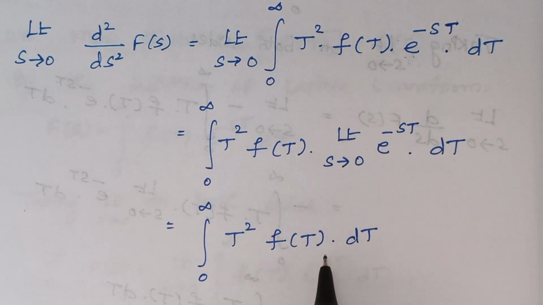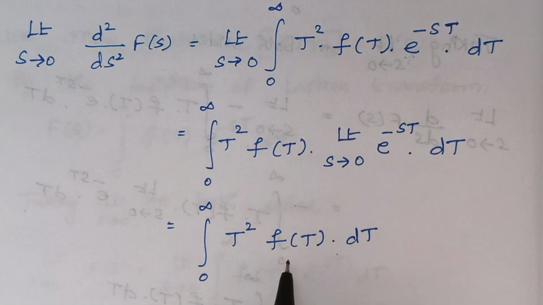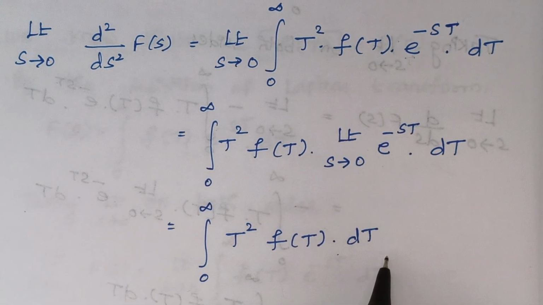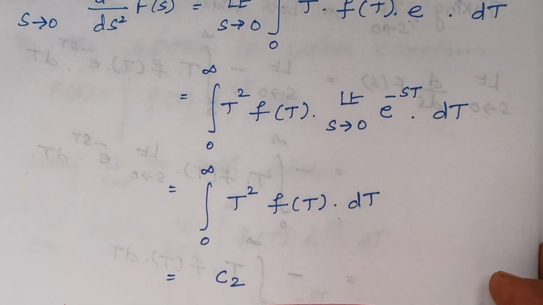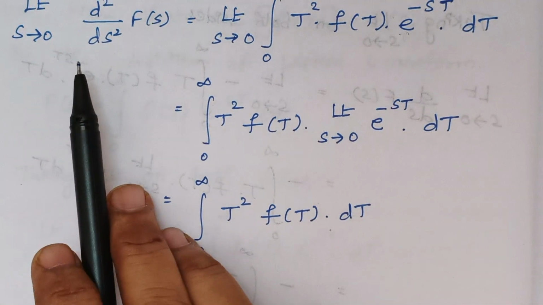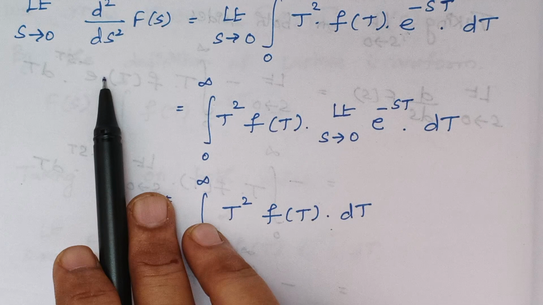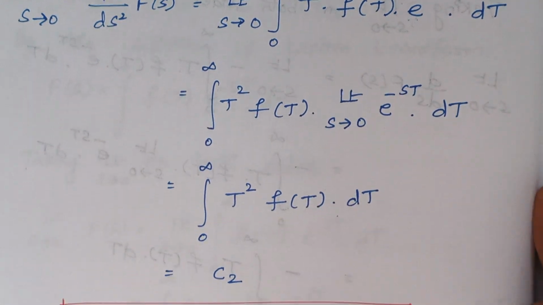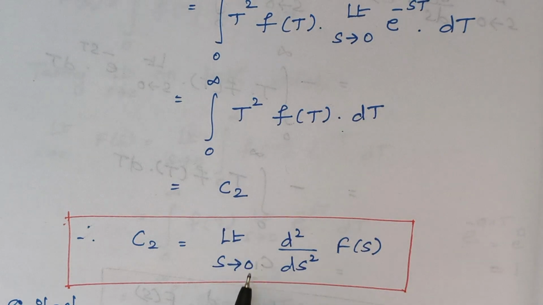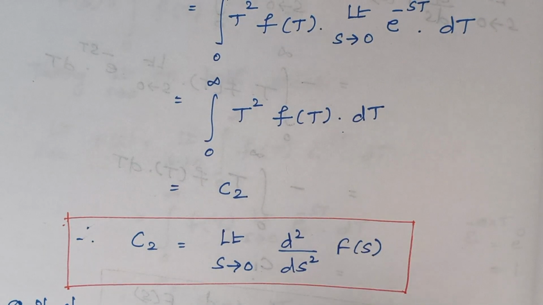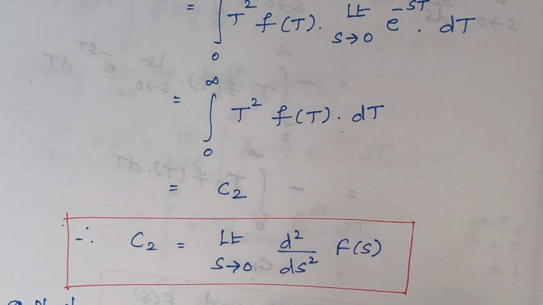So finally I have t square into f of t into dt. I am naming this expression as C2. So C2 is nothing but limit s tends to 0 d square by ds square of f of s.